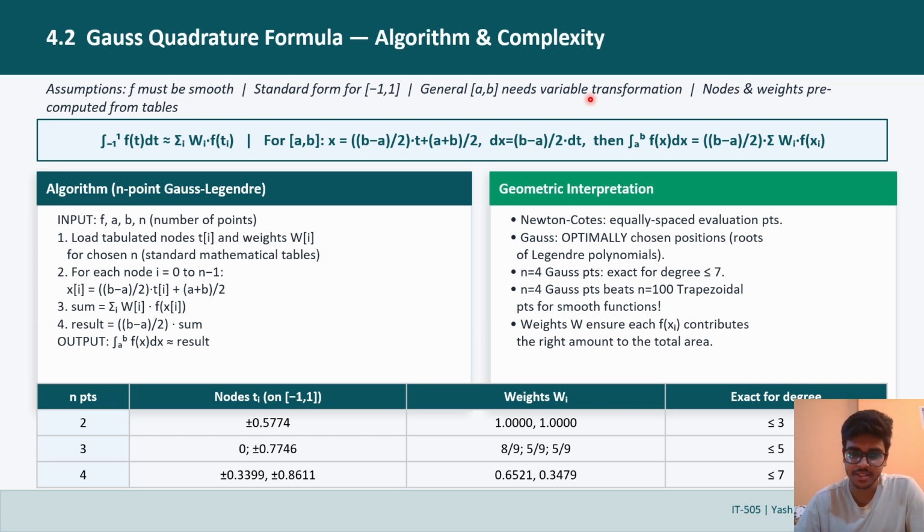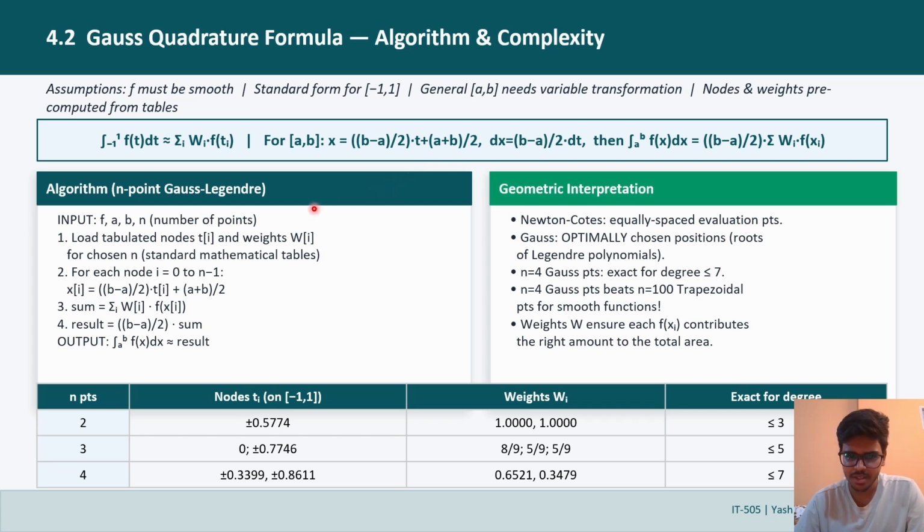The nodes and weights come from standard pre-computed tables. The formula: the integral from minus 1 to 1 of f of t dt is approximately the sum over i of wi times f of ti, where ti are the nodes and wi are the weights. For a general interval, we scale by b minus a divided by 2.